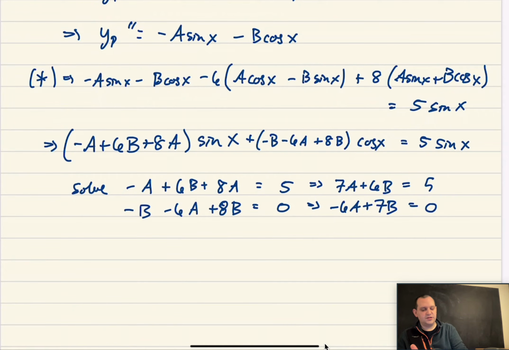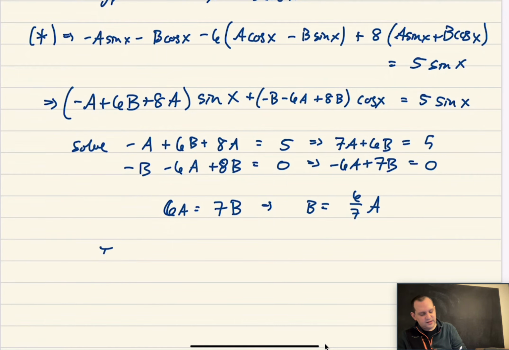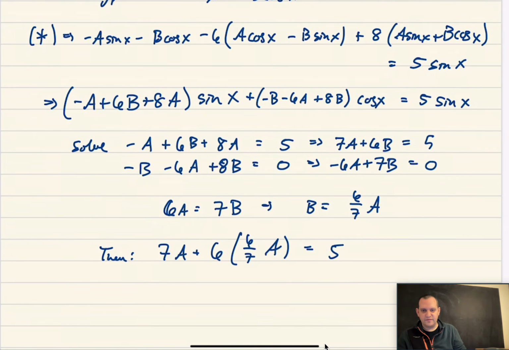I think substitution is actually the easiest here, because this last equation tells you that 6a is going to equal 7b, and therefore b is going to be 6/7 a. If that's the case, then the first equation is 7a plus 6b, with b being 6/7 a, equal to 5. And now we can solve for a.